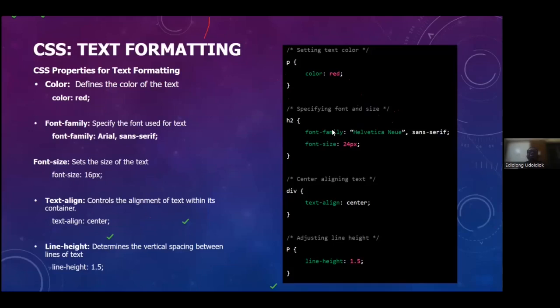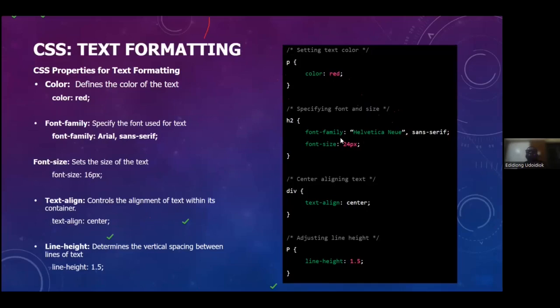For my element, I want all of them to have a font family of Verdana. And you need to specify that it is a serif or a sans serif. There is a difference between serif and sans serif. I will give that to you as an assignment to check what sans serif and serif mean. Okay, so we are going to use sans serif.